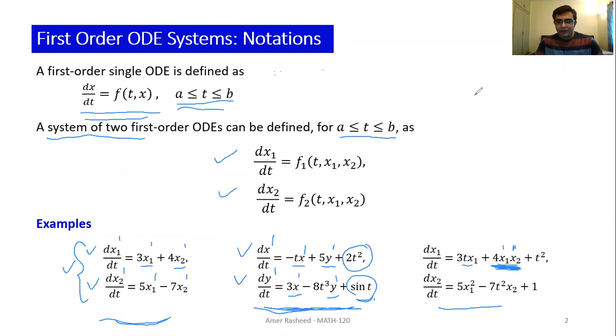The second equation, similarly, is dx2 by dt equal to 5 x1 squared. The degree of the dependent variable is 2, so it is not linear. So this example is basically a system of first order non-linear differential equations. I hope you got it.